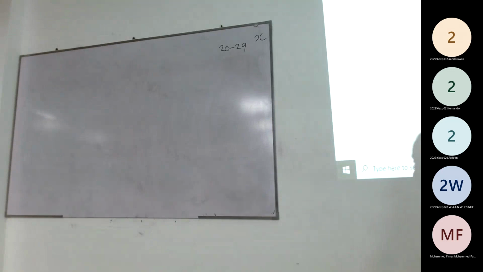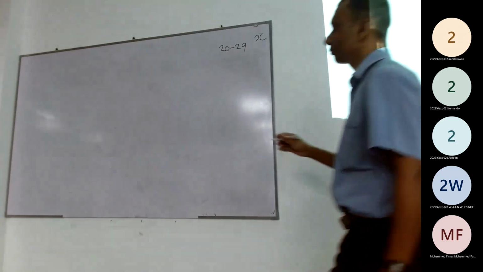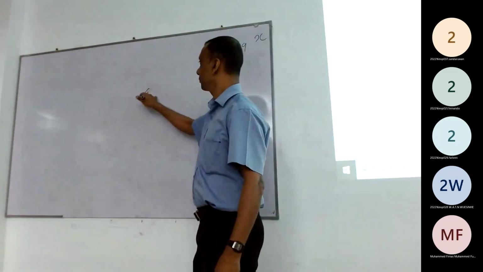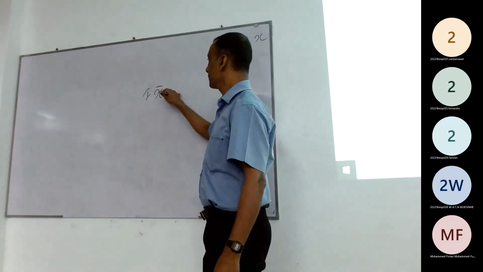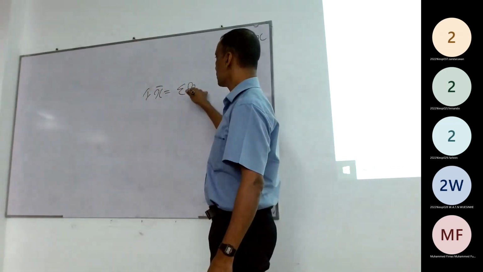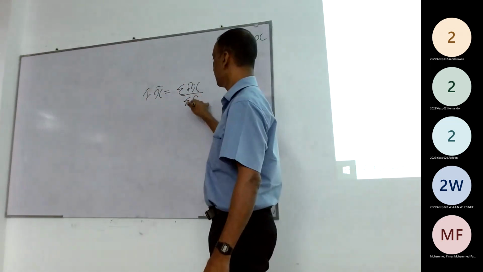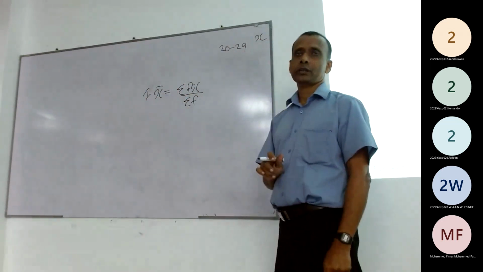After that, the following formulae can be applied to calculate the simple mean. x bar equals sigma f x over sigma f. That formula you can use.